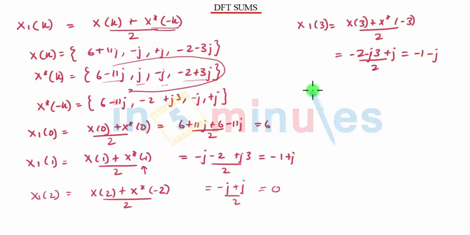Finally, we have found out x1 of k is equal to 6, minus 1 plus j, 0, minus 1 minus j. Now similarly, we are going to find out x2 of k.